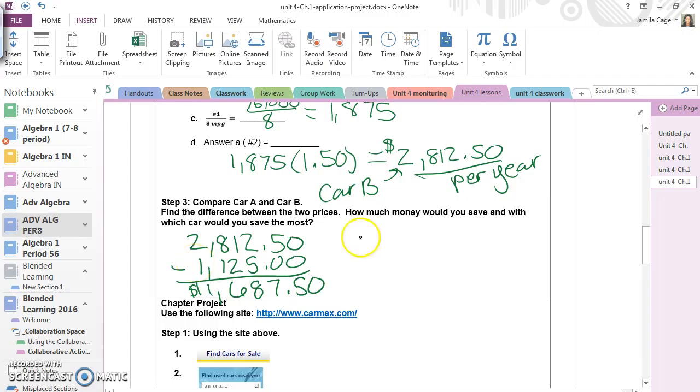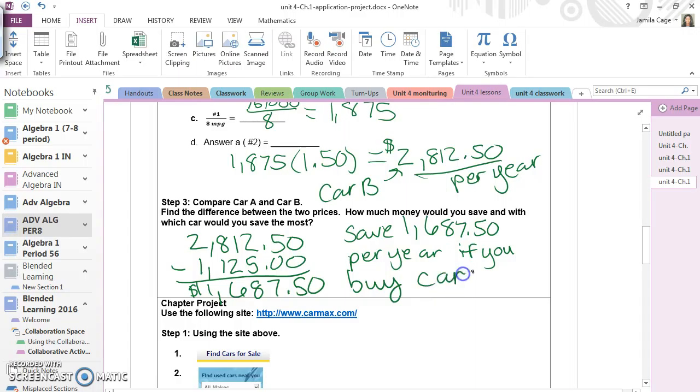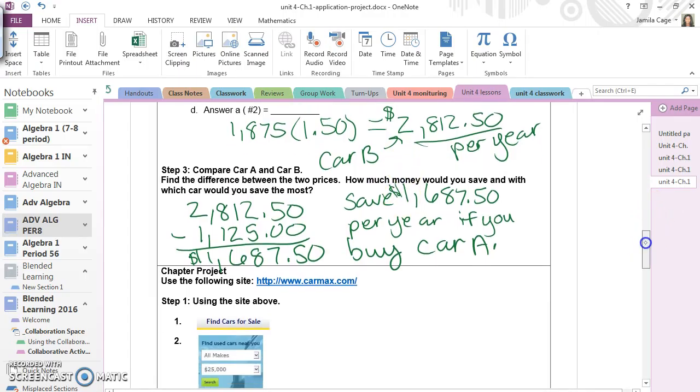So this is how much money you would save. You would save $1,687.50 per year if you buy car A. That's quite a bit of money, so this is something to think about when you're investing in your own vehicle.